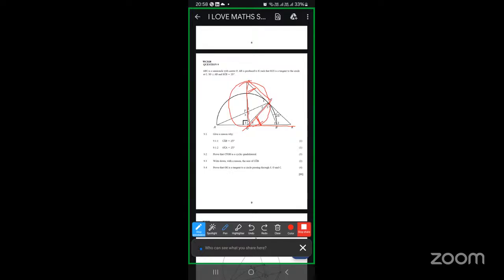Okay, so if you look at the circle that Sir drew, the red circle, right? You have a triangle that moves from O to C, right? Then there is this line ACS, right?